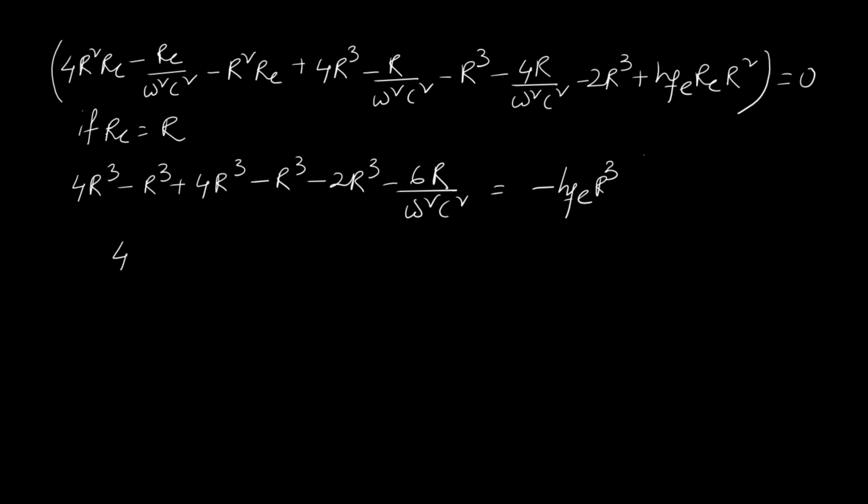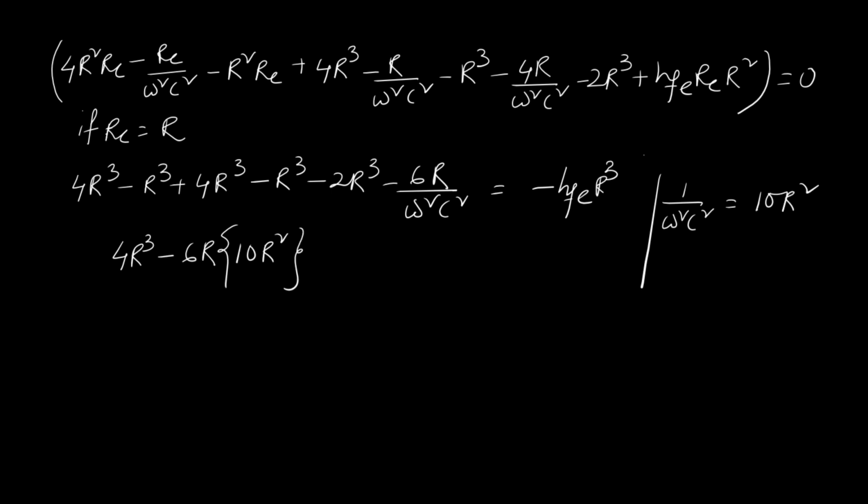So 4R cube minus 6R, as we know that 1 by omega square C square is equal to 10R square. So 10R square equals to minus HFE R cube. So minus 56R cube equals to HFE minus R cube. So HFE will be 56.